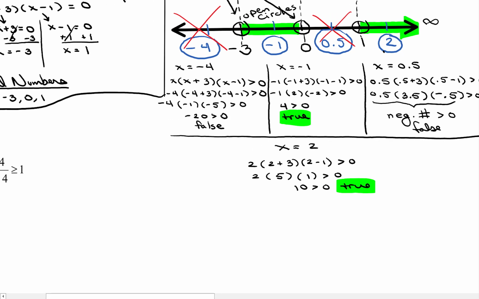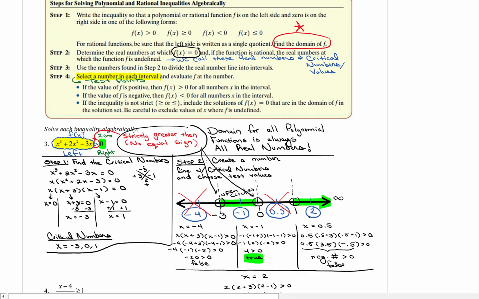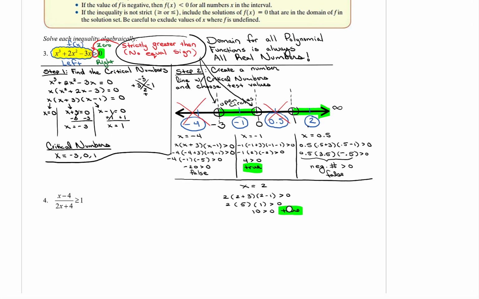Our final answer is going to be basically all that green highlighted stuff on the number line, but we're going to write it out in interval notation and set builder notation. Let's go ahead and do this. So the first one, let's do interval notation for our solution. It's going to be the open interval from -3 to 0, right? And then we're going to do union.